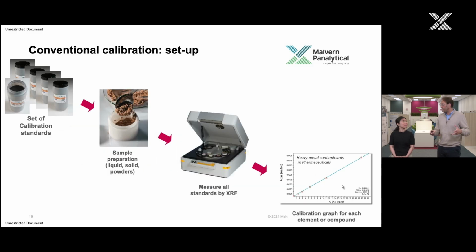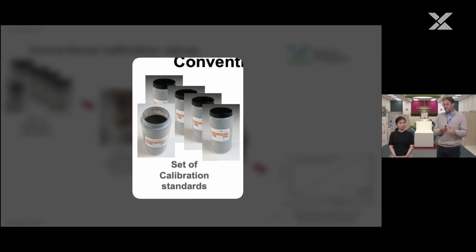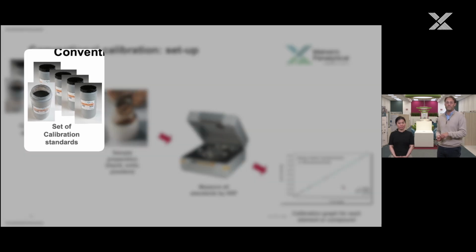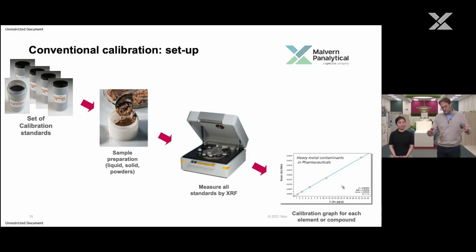So when you set up a calibration, you need a set of standards that represent your unknown samples. So if it's cement or iron ore or polymer or pharma, it can be anything, but the standards have to be representing your unknown sample. You have a suitcase of standards.